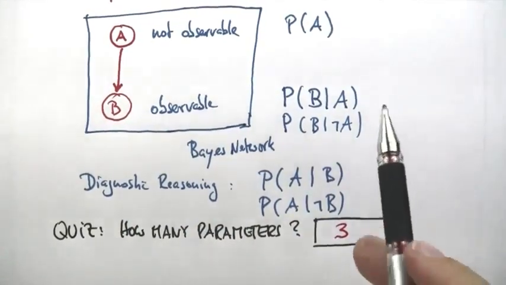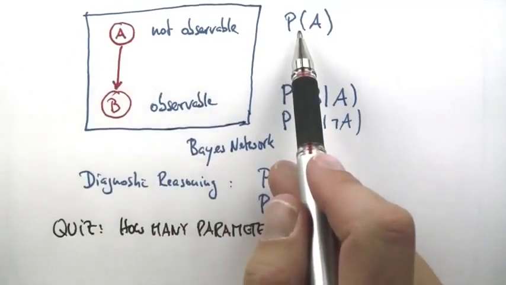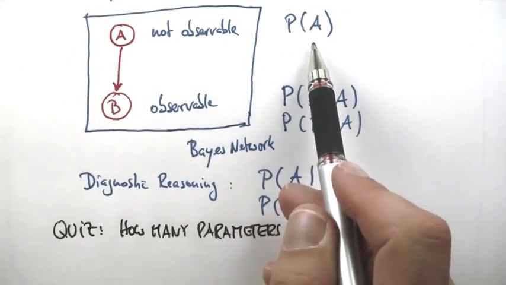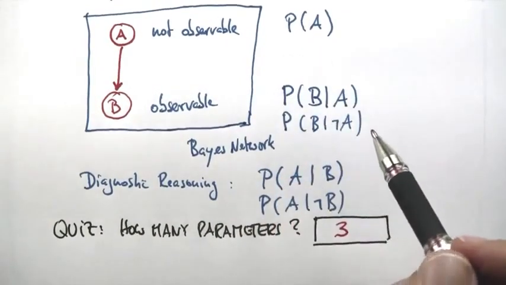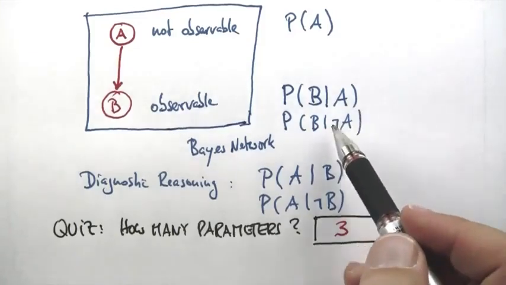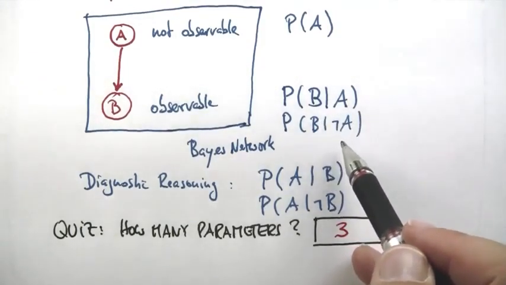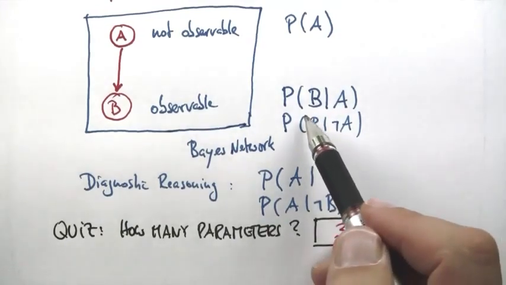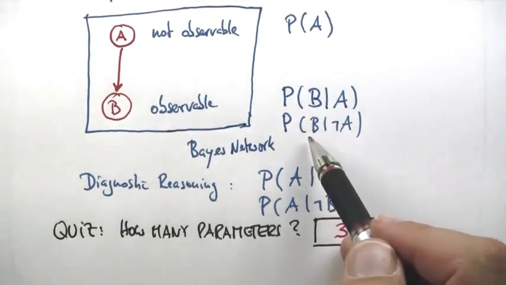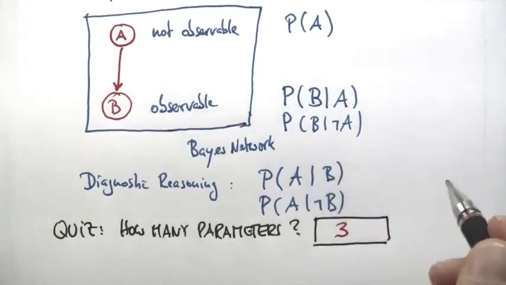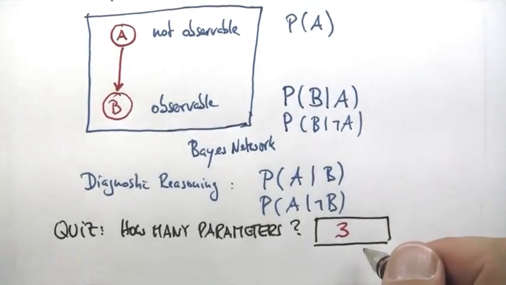It takes one parameter to specify P of A, from which we can derive P of not A. It takes two parameters to specify P of B given A and P of B given not A, from which we can derive P of not B given A and P of not B given not A. So it's a total of 3 parameters for this Bayes network.